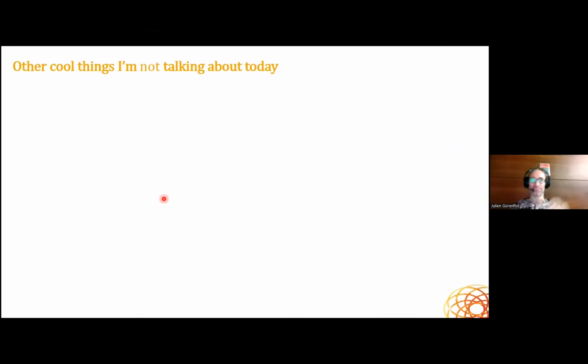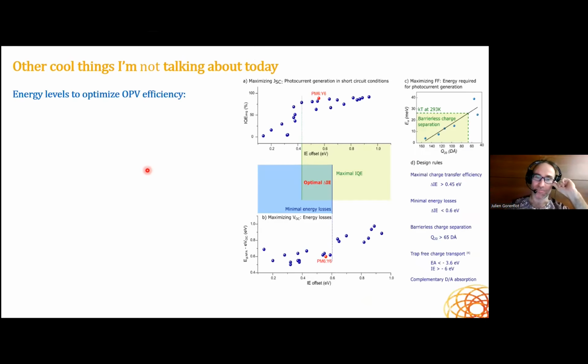But just before talking about it, maybe some of us know us a bit more for this. We've worked recently in figuring out what molecular energy levels can optimize the efficiency of organic solar cells. There are plenty of really cool things, really exciting studies.